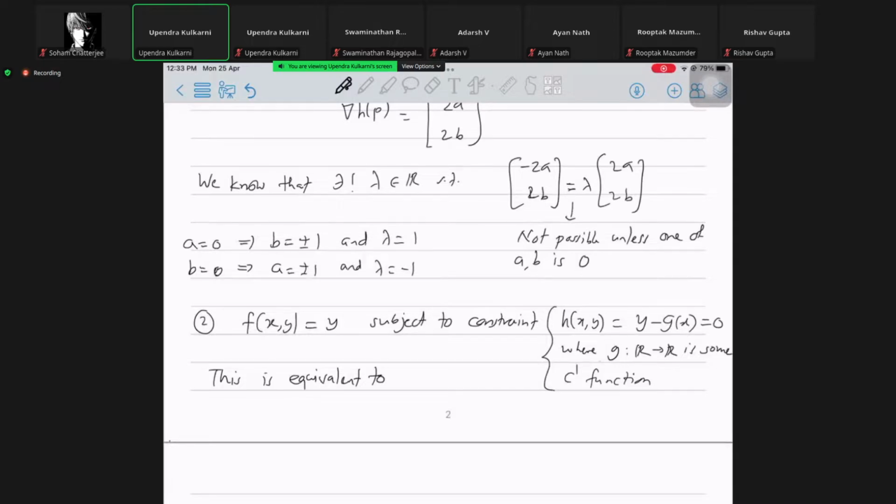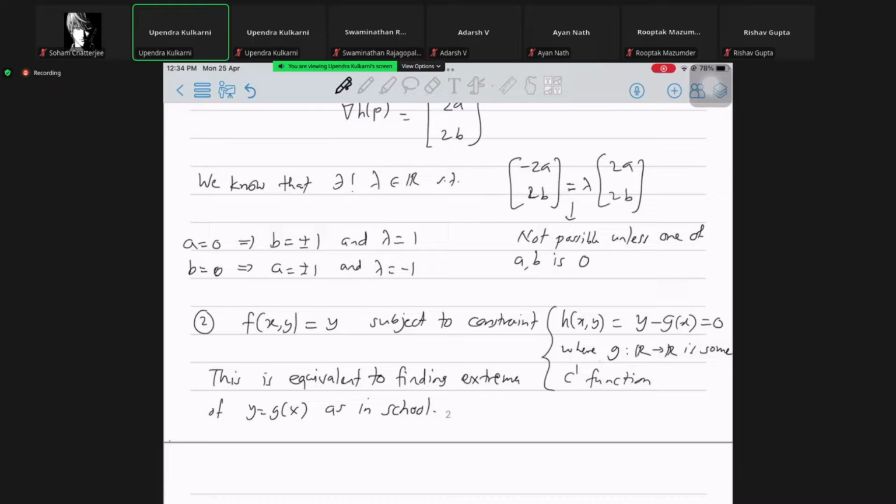So while I'm writing this simple thing, just apply the recipe and see what you get. This is equivalent to the problem as in school. So what does the recipe give us? The recipe should give us the familiar condition, right?